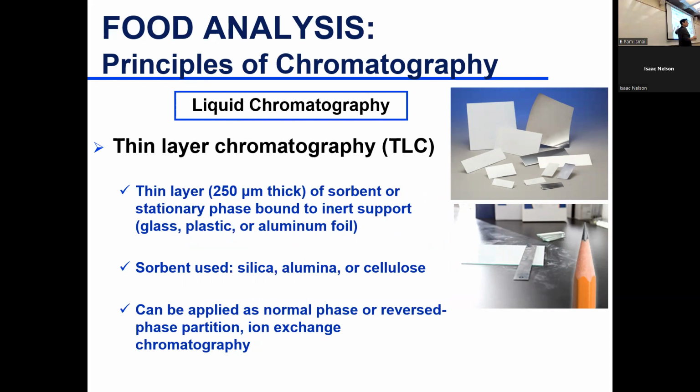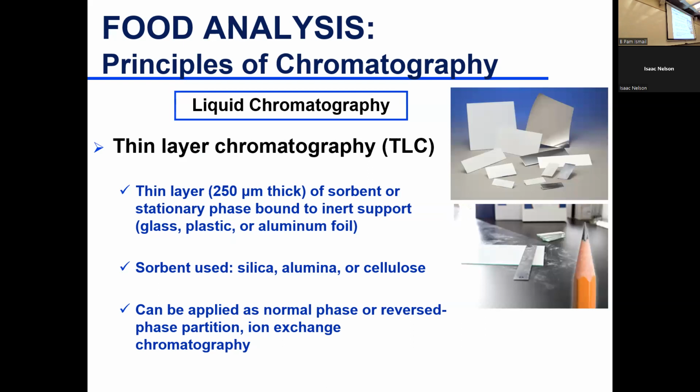So glass was mostly in the olden days, like when I was an undergraduate student, we used to get glass plates and clean them really well. And then we used to put a very thin layer of silica on top of the glass. Apply that, make sure it is thin to a specific thickness and uniform.